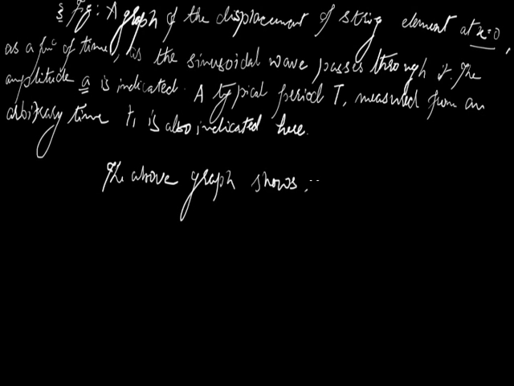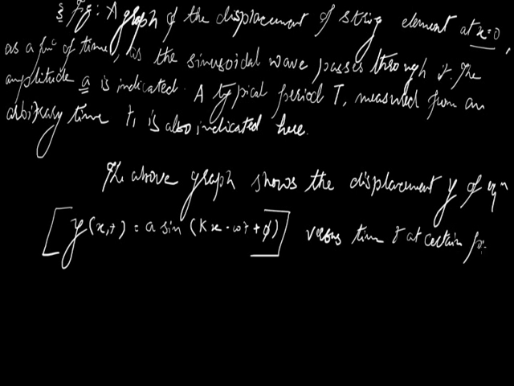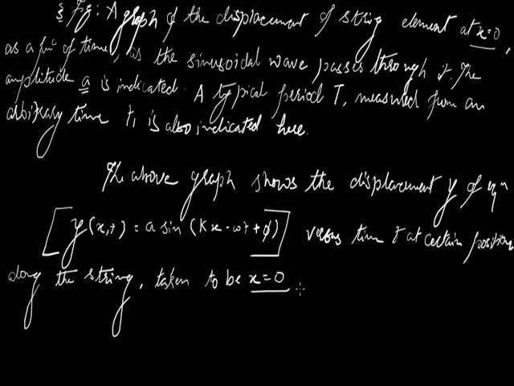The above graph shows the displacement y of the equation y(x,t) = A sin(kx minus omega t plus phi) versus time t at a certain position along the string, taken to be x equals 0.